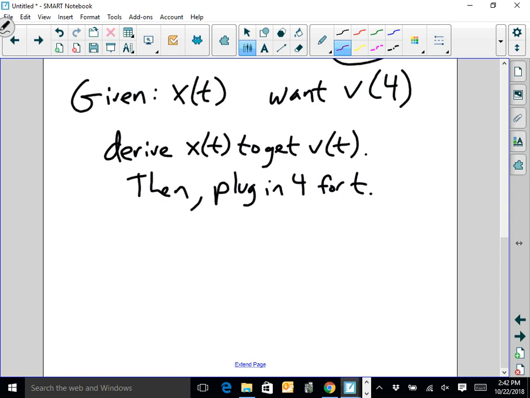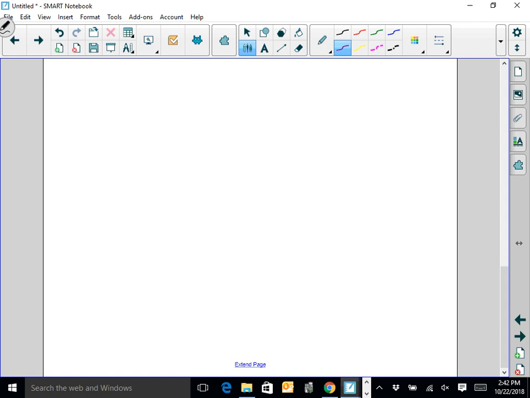Given v of t. So we're given v of t, and we want a of 2. What would we do here? Well, again, if I was given v of t and I wanted a of 2, I'm going to need to do a derivative, right?